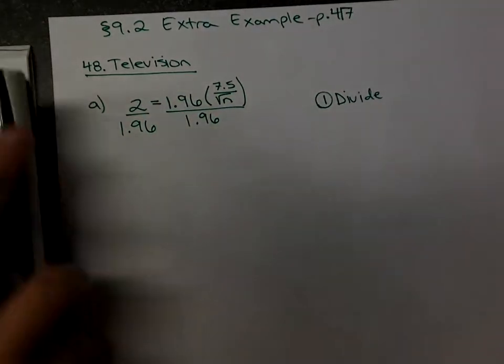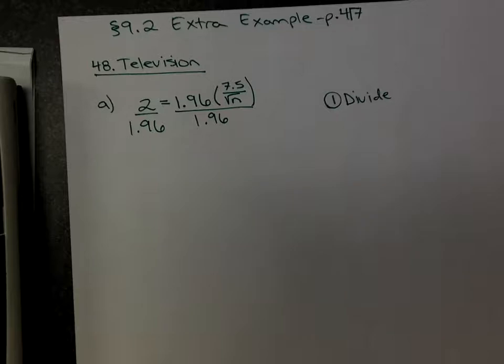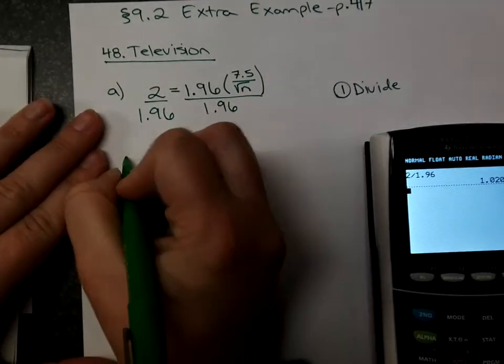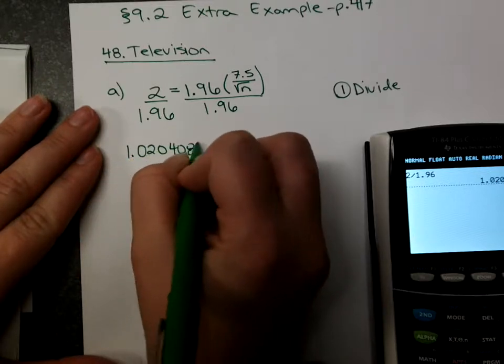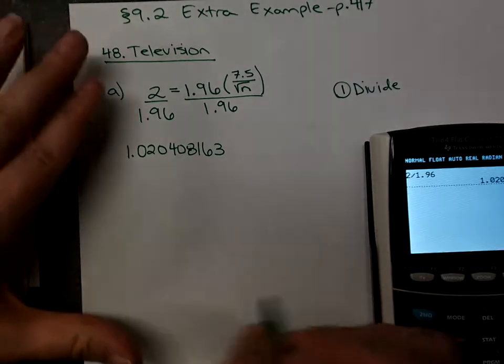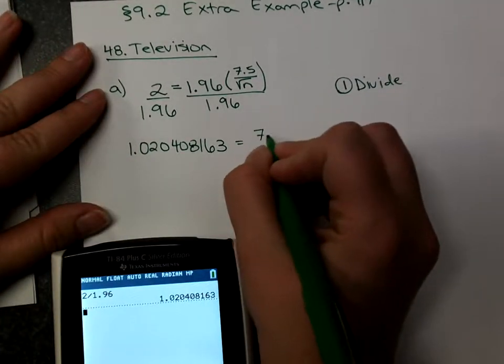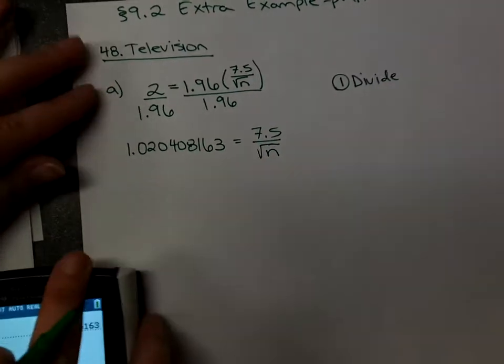And so we have 2 divided by 1.96. And that gives us that decimal, 1.020408. You don't have to write the whole thing down, but you do have to keep the whole thing stored in the calculator. And that equals 7.5 over the square root of the sample size.